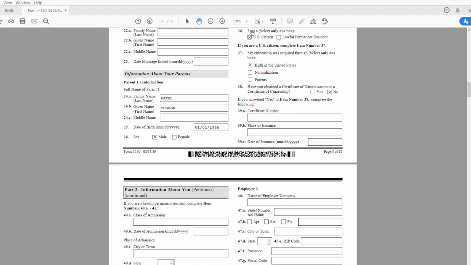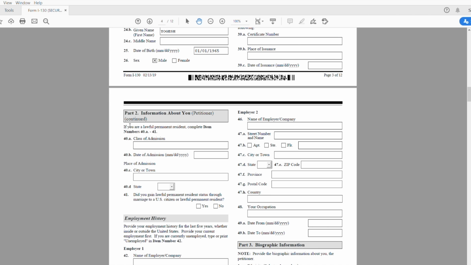If you are not a citizen and a lawful permanent resident, you would skip this entire section and answer questions 48 onwards. So if you are a lawful permanent resident, please complete items 40A to 41.